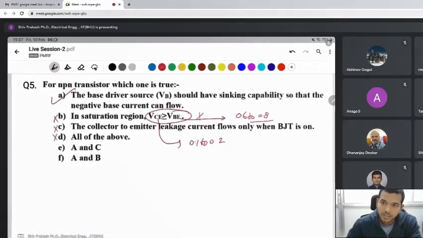Sir, I am not getting the base driver sinking capability. When VB is making the circuit, the base to emitter junction is forward biased.